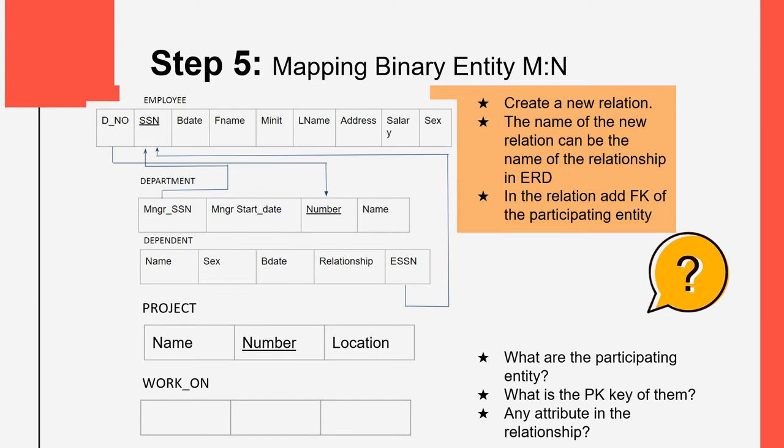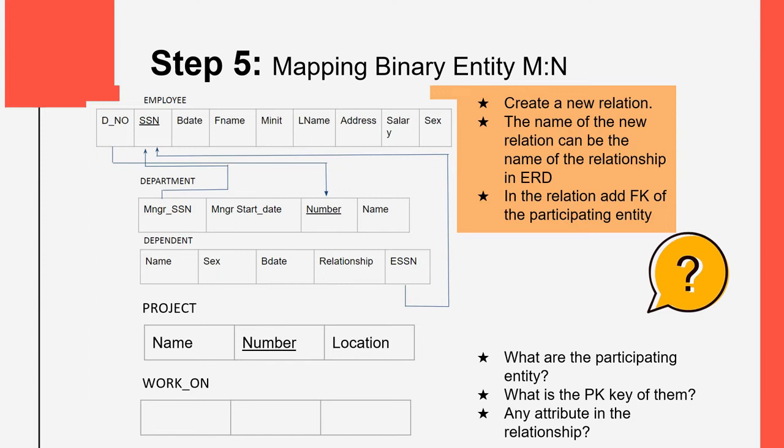As I mentioned earlier, in the project ERD we can see there are two key attributes. For that, we choose either one as the primary key of this relation table. So for the project relation table, we have name, number, and location, where I choose the number as the primary key.